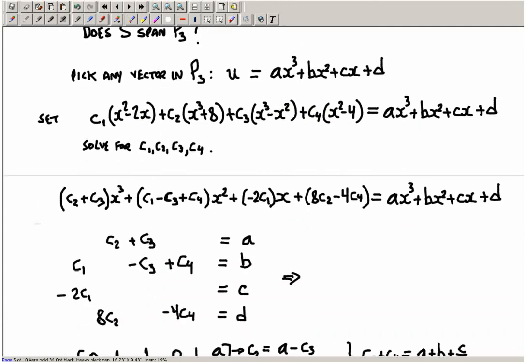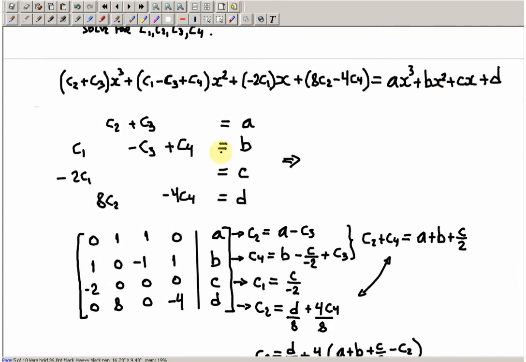What I would do is first check if the coefficient matrix is invertible. If it's invertible, then you're done. We can find the coefficients. But if the matrix is not invertible, it does not mean we cannot find them. So we were able to find the coefficients, therefore S spans P3.